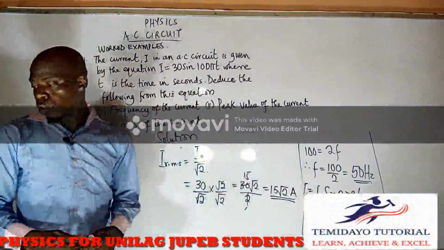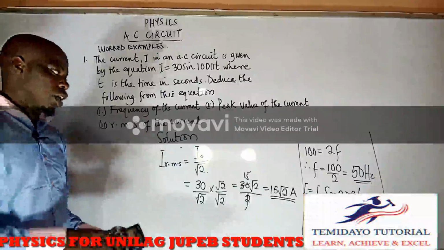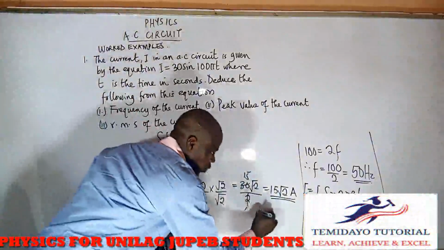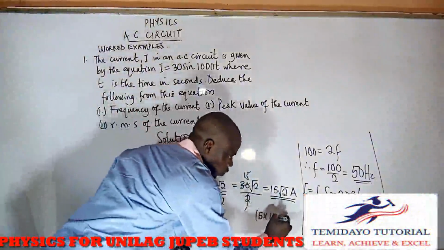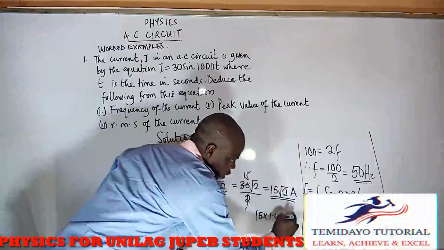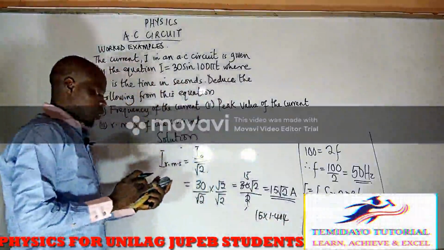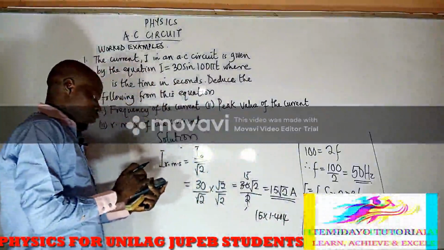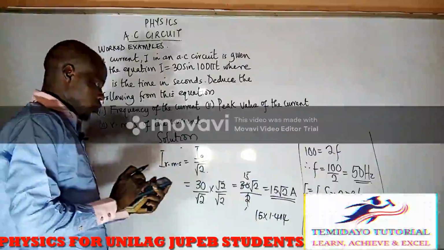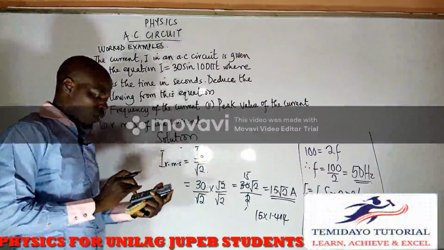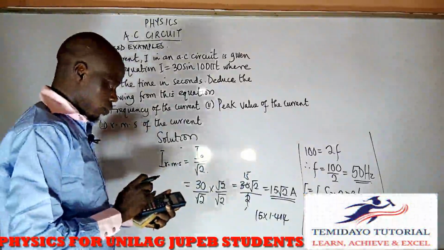And if you want to go further, you can press your calculator to find the value of root 2. Root 2 is equal to 1.414, multiplied by 15.